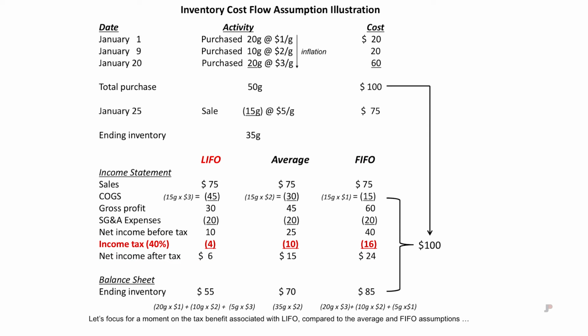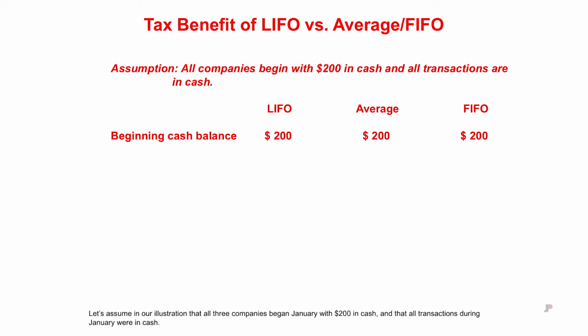Let's focus for a moment on the tax benefit associated with LIFO compared to the average and FIFO assumptions. Let's assume in our illustration that all three companies began January with $200 in cash, and that all transactions during January were in cash.